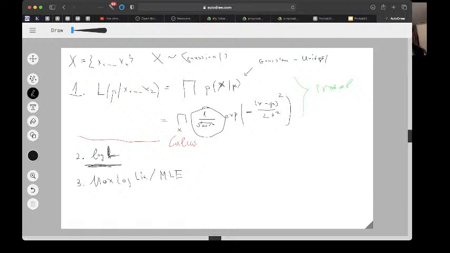So this is just some constant that's going to be raised to the power of n, 2 pi sigma squared to the power of n, where n is the number of samples. And here you have the exponential, and you can use the rule that when you multiply two exponentials, you can just add their exponents.